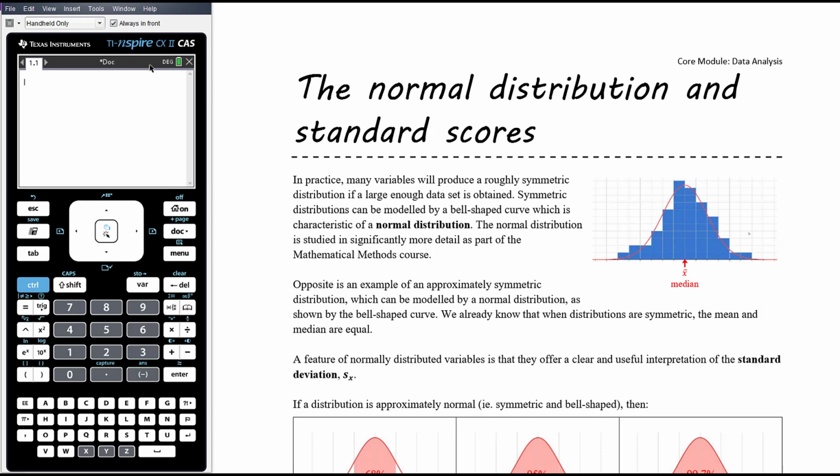So if you were to just survey 10 people and measure their heights, you might not get a very symmetric distribution. But if you were to measure 10,000 people's heights, you would get a roughly symmetric distribution. Even perhaps 100 or 200 people's heights, 1,000 people's heights, you'd probably get a roughly symmetric distribution.